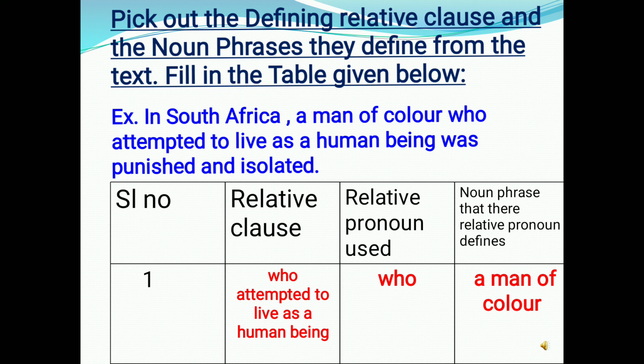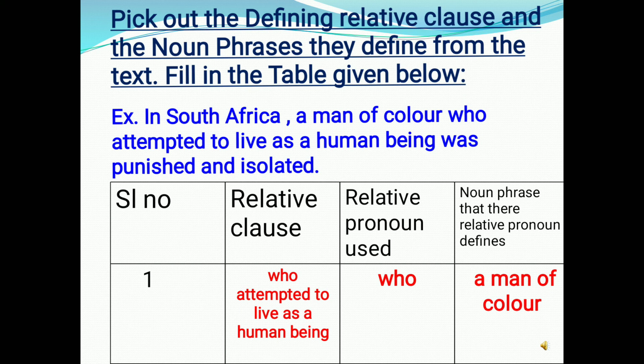Serial number 1. What is the relative clause in the given example? Who attempted to live as a human being is called the relative clause. And what is the relative pronoun used here? Yes, who, because here in the sentence we are talking about a man of color.